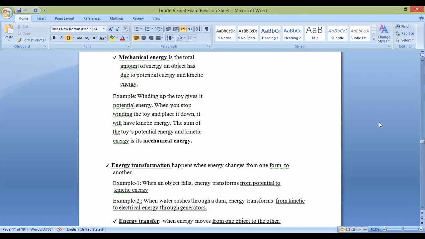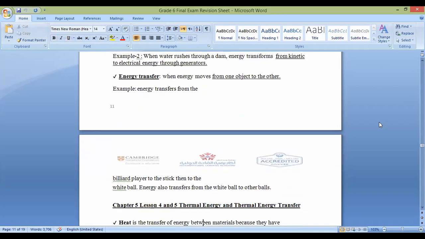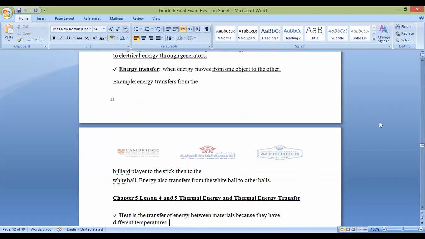Thank you very much. Now, energy transfer. When energy moves from one object to another, for example, energy transfers from the billiard player to the stick to the white ball. Energy also transfers from the white ball to other balls. When we play billiards, you have a stick and balls. Do you all know the billiard game?